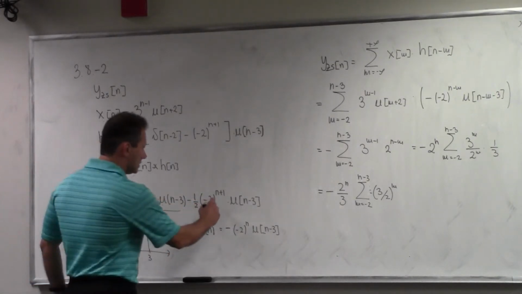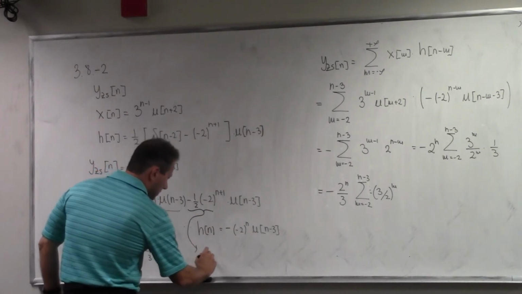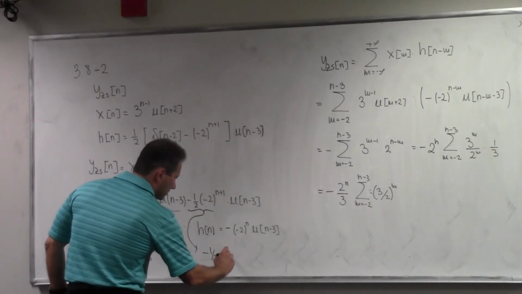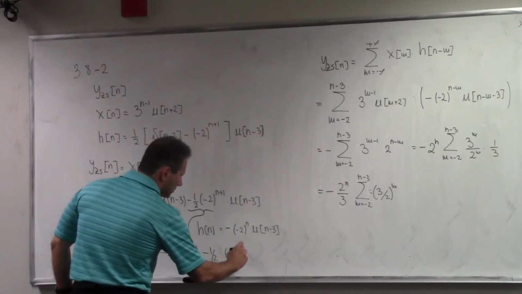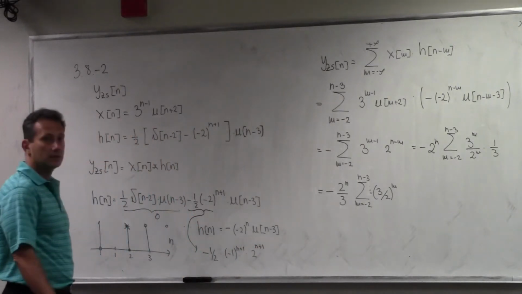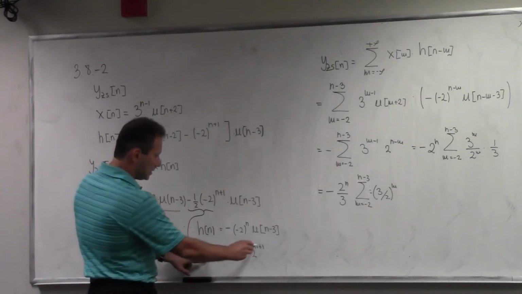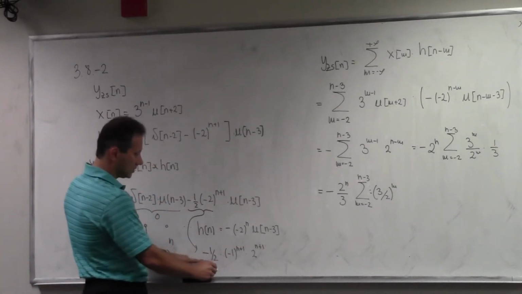The way you should see this, let me put it here. This becomes minus 1 half times minus 1 to the n plus 1 times 2 to the n plus 1. You see that? So then this 2 and this plus 1 cancel.